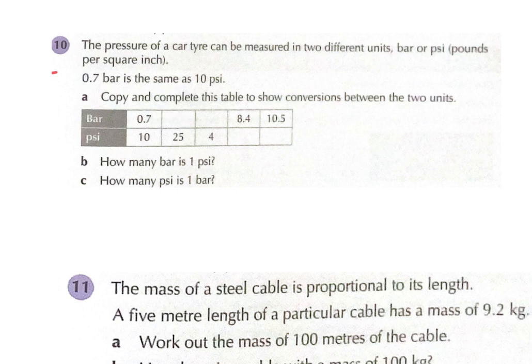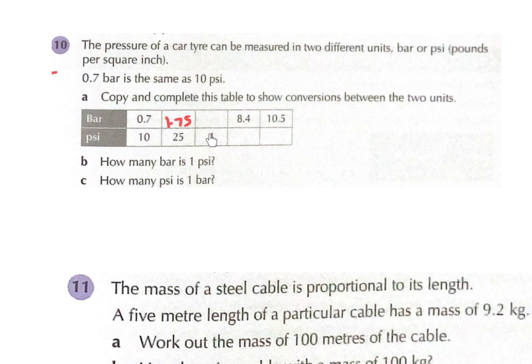So now we need to complete the table. Cross multiply. So cross multiply for this one. Can you find the answer? 1.75. Raneem, only Raneem. What's the answer? 1.75. Now the next one.